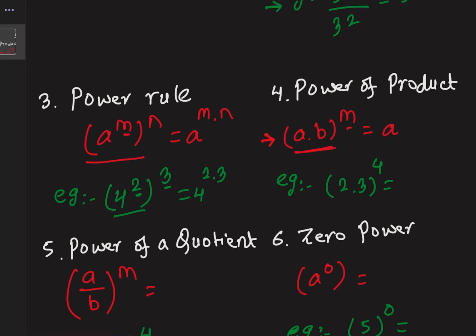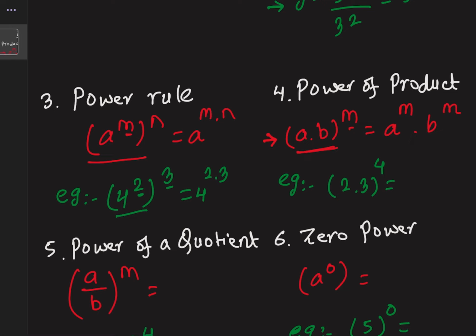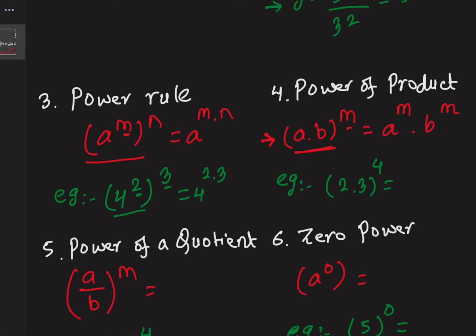So we can write this as a to the power m times b to the power m. Since we have the product a times b raised to the same power m, we can simply apply the exponent to each factor present in the product, that is a to the power m times b to the power m.